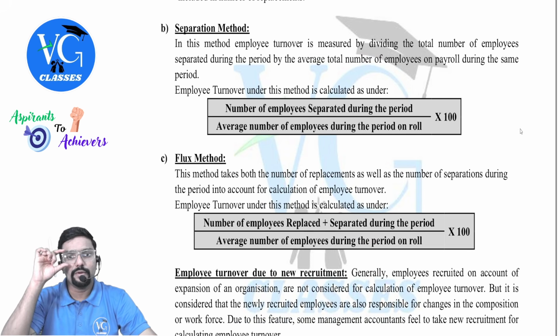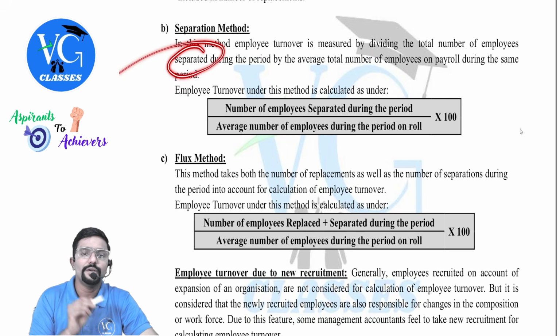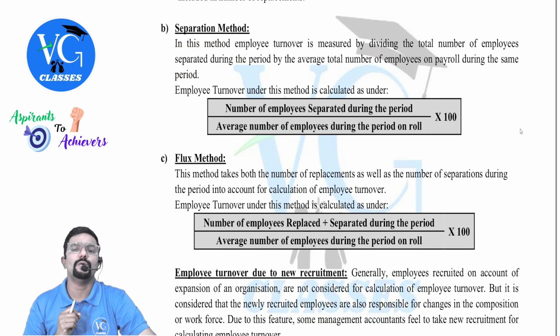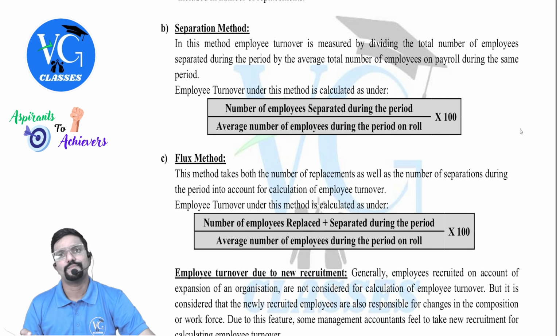Next, the separation method. In this method, employee turnover is measured by dividing the total number of employees separated during the period by the average number of employees on payroll during the same period. The formula is number of employees separated during the period divided by average number of employees during the period, into 100.